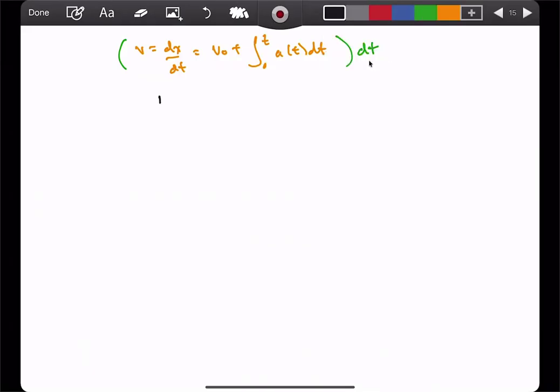My left-hand side becomes the integral of dx from the initial position to the final position. My right-hand side becomes the initial velocity, a constant, integrated over time from 0 to t, just like for a constant acceleration. But now life becomes a little more complicated. I'm going to have a second time integral of my acceleration, so we get a plus integral from 0 to t.